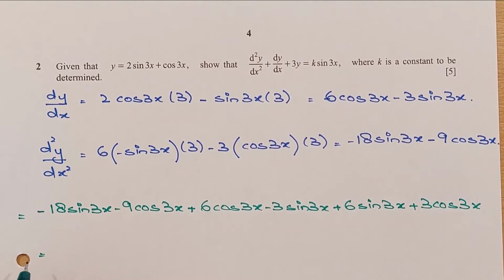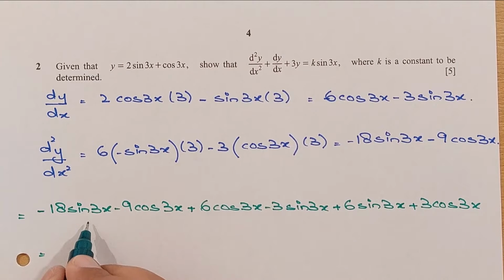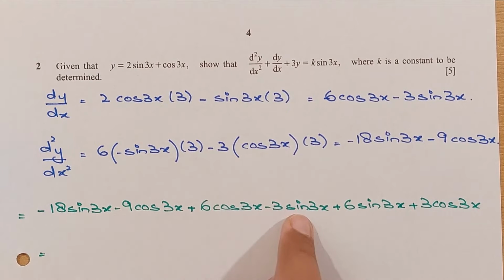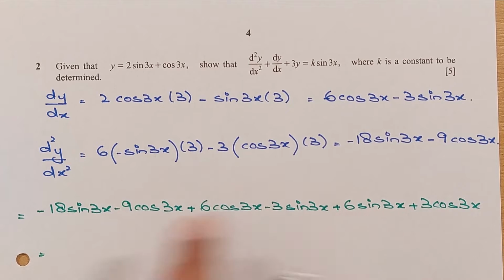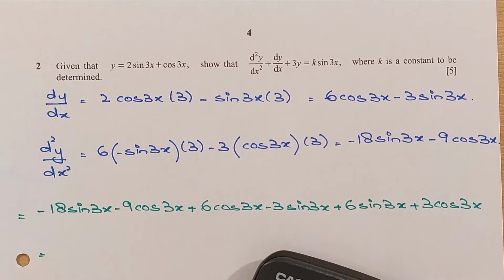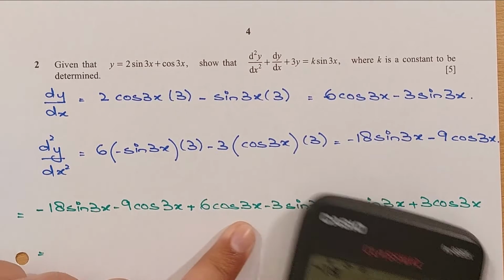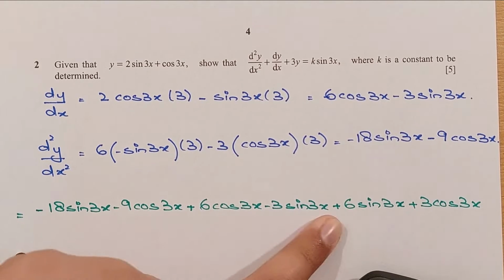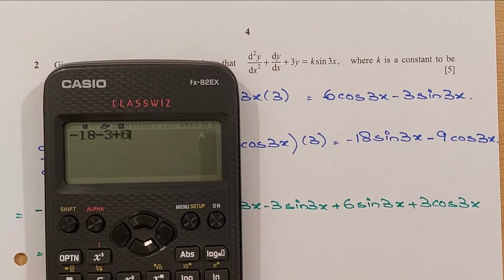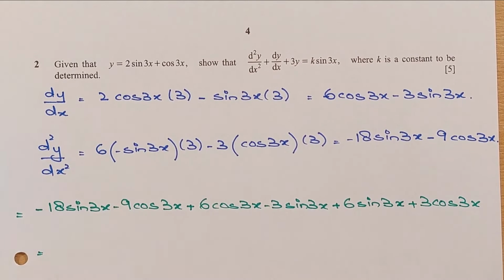First we collect the sine 3x terms. How many sine 3x? We have minus 18, and with negative 3, and with positive 6. This is minus 15 sine 3x.